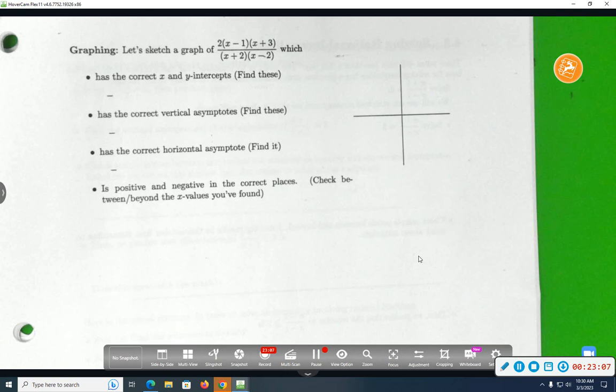Let's try that. I think what he did was plug in a number and put it in the equation? Yeah. So you want something to the left of negative 3. Oh. Yeah. You did do it right. I just wrote it.